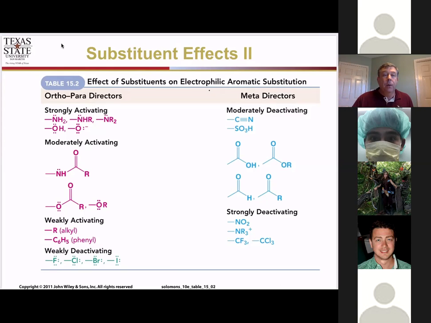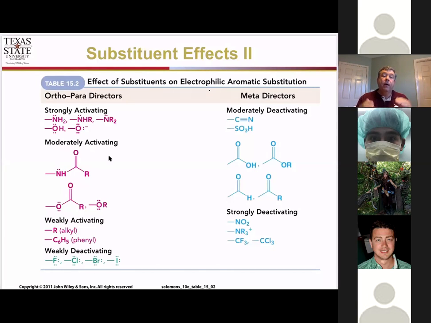Okay, so we talked about ortho-para direction, and one of the ways I told you to look for ortho-para directors and activation is looking at whether they have a lone pair to contribute into the ring to pull a resonance cation out of the ring, giving us that fourth resonance contributor. If we can form that fourth resonance contributor, we will activate the system.